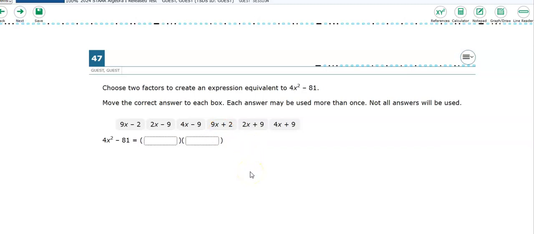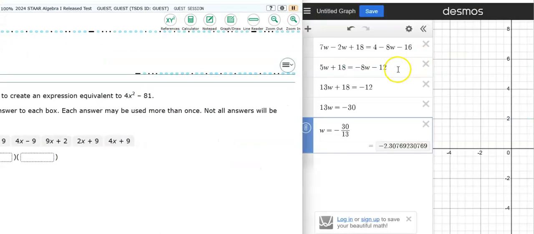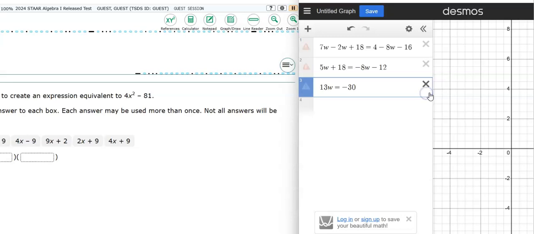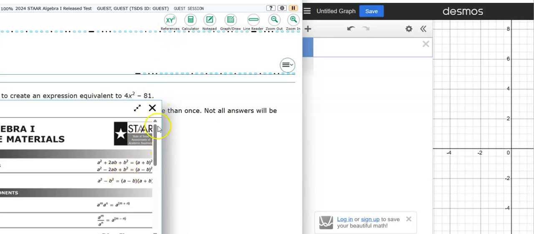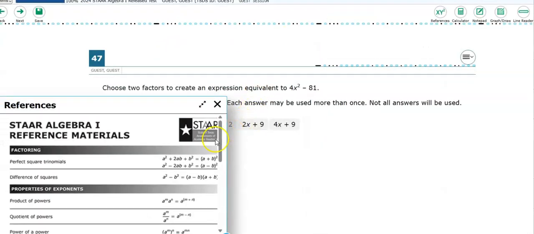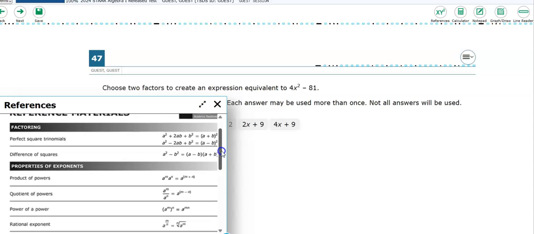Choose two factors to create the expression of 4x squared minus 81. Okay, when you look at the STAAR reference sheet, there is a thing that says difference of squares.